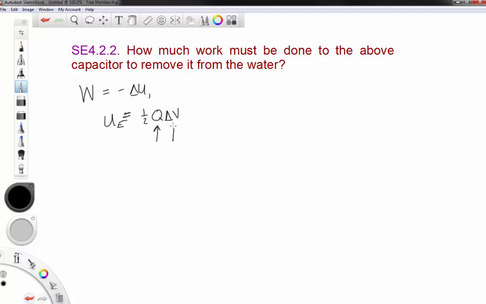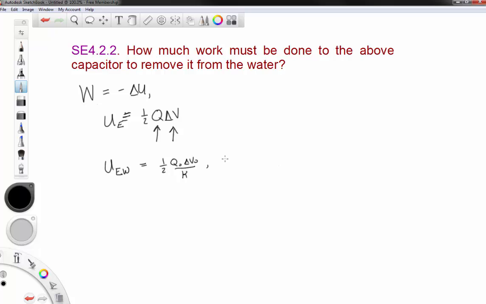If it is unplugged from a battery, then the charge remains constant and the voltage drop changes. But you can see that basically either way, you're going to end up with a factor of 1 over kappa difference for this equation. So basically we could say U underwater is 1/2 times Q naught delta V naught over kappa.